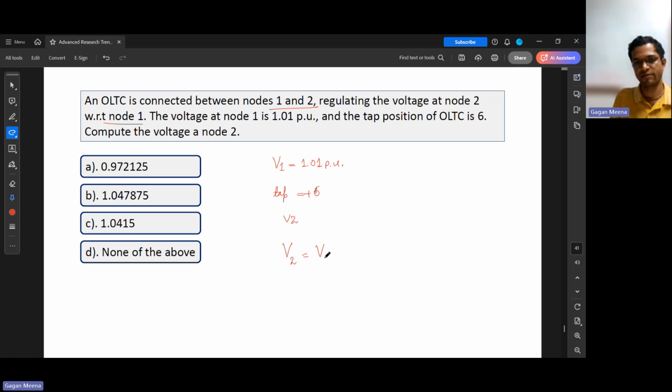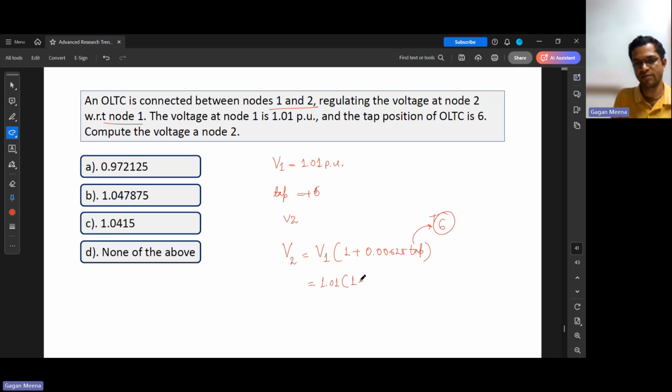So this is a simple formula here. V2 equals V1 into (1 plus 0.00625 into tap position). Here we know the tap is plus 6 and V1 is 1.01.